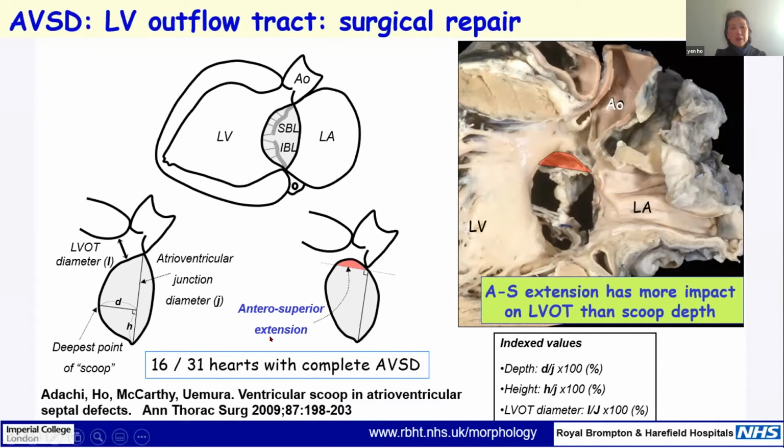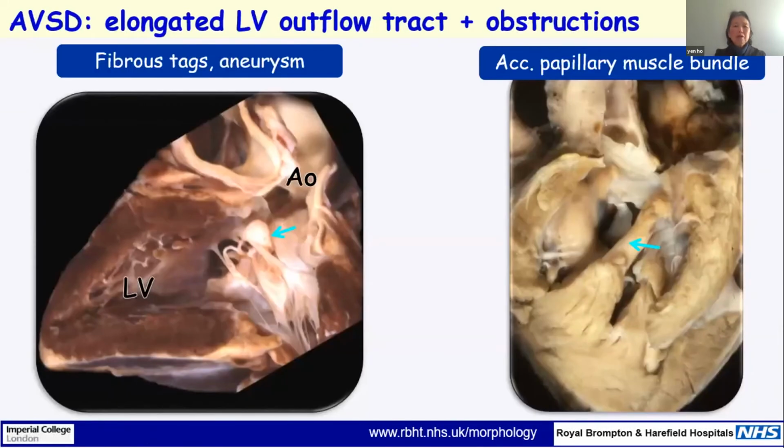And to our surprise, in our heart specimens, we found quite a proportion of hearts with complete atrioventricular septal defect that had this sort of excavation of the defect towards the outflow tract, which may impact upon a single patch repair, for instance. And further additional things may add on to the outflow tract obstruction, for instance, fibrous tissue tags in this example, an accessory papillary muscle in the other.